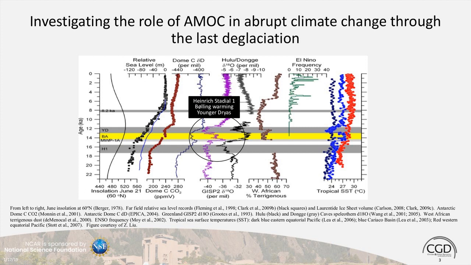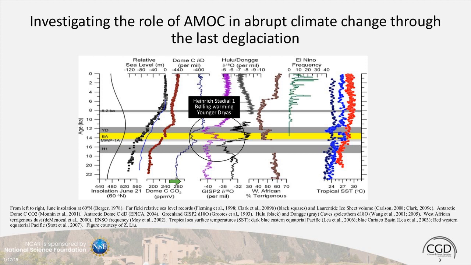Climate came out of its cold glacial period and warmed from external drivers of enhanced northern hemisphere insolation and rising CO2 levels shown here.